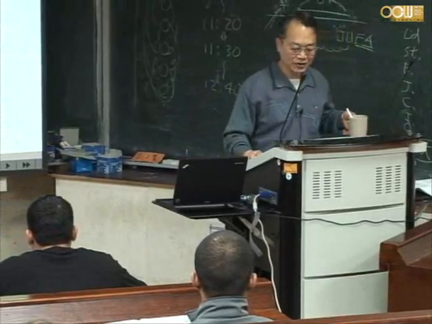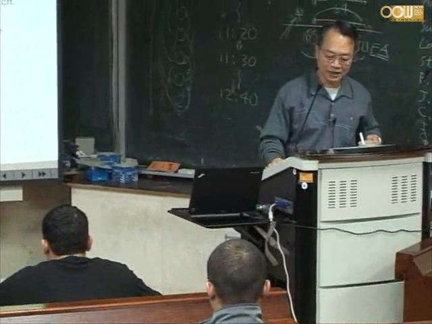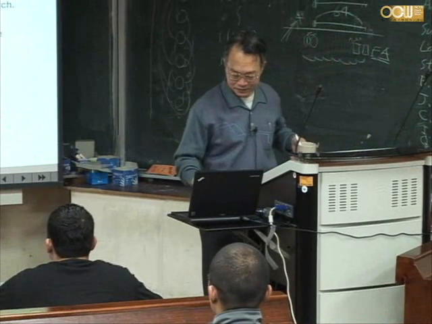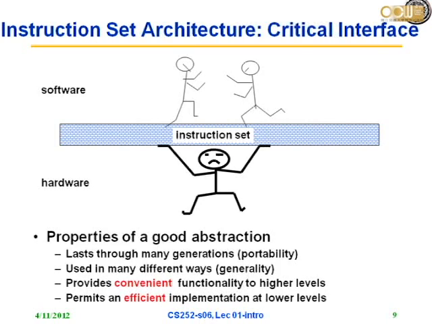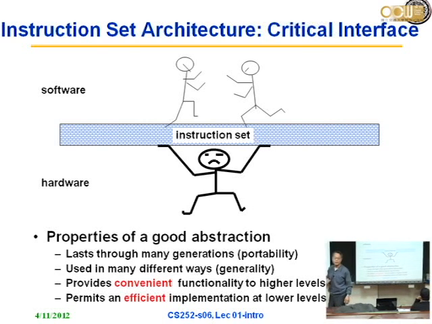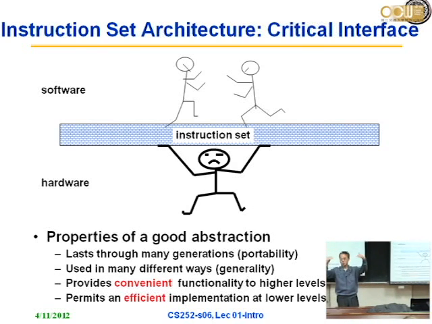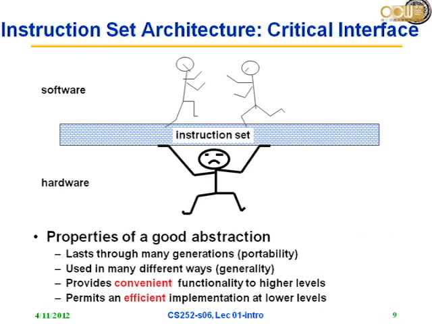Are we ready for computer architecture versus instruction set architecture? Okay, instruction set architecture. Tell me why it's important. Before that, I need to tell you what the instruction set means. The instruction set means machine instruction, not even assembly instruction. Assembly instruction to machine instruction is not one-to-one.